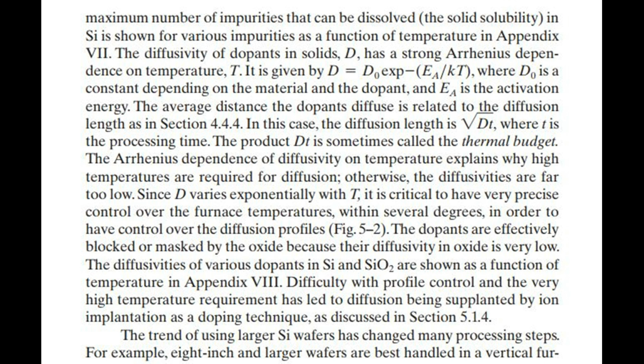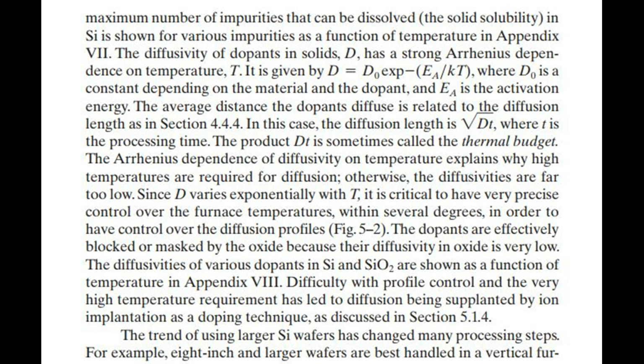The Arrhenius dependence of diffusivity on temperature explains why high temperatures are required for diffusion; otherwise, the diffusivities are far too low. Since D varies exponentially with T, it is critical to have very precise control over the furnace temperatures, within several degrees, in order to have control over the diffusion profiles, Fig 5.2.